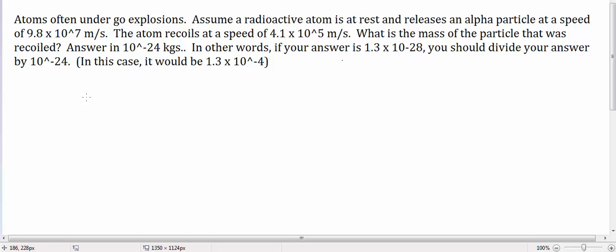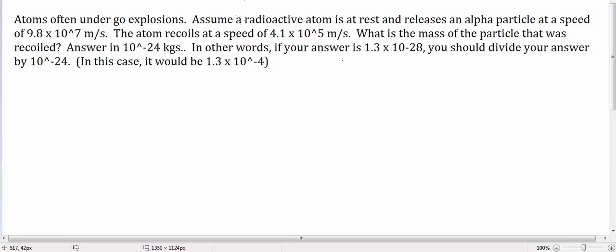Hello gang! So today you are asked to apply our new itty bitty tiny particles to a collision problem, the unit that we just left off with. This problem reads that atoms often undergo explosions. Assume a radioactive atom is at rest and releases an alpha particle at a speed of 9.8 times 10 to the 7th meters per second.